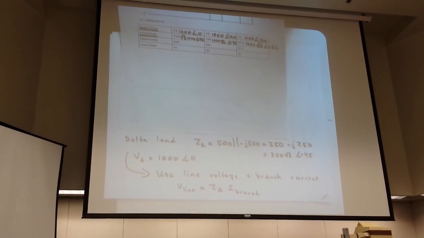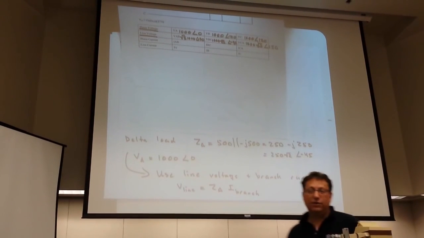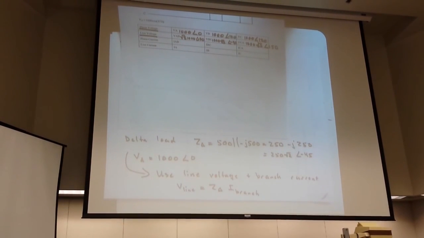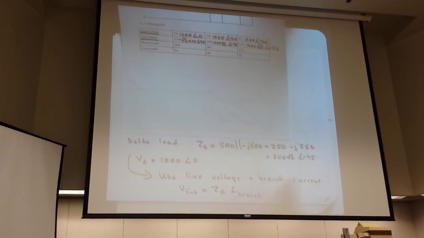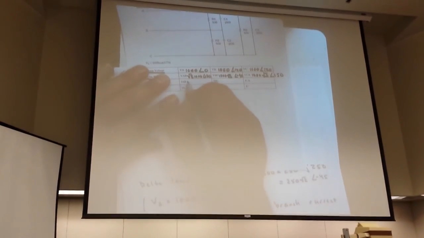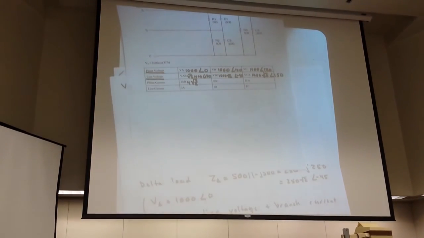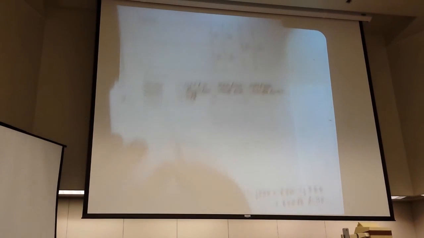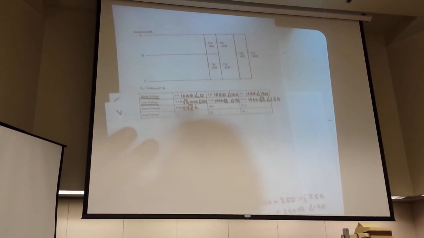VAB is square root of 3 times 1,000, angle 0, or angle 30 degrees, over 250 square root of 2, angle minus 45, which winds up being 4 square root of 3 over square root of 2. That's probably really hard to read, but hopefully you can infer it. So 1,000 over 250 is 4, there's the 4, and then square root of 3 over square root of 2, and angle 75.